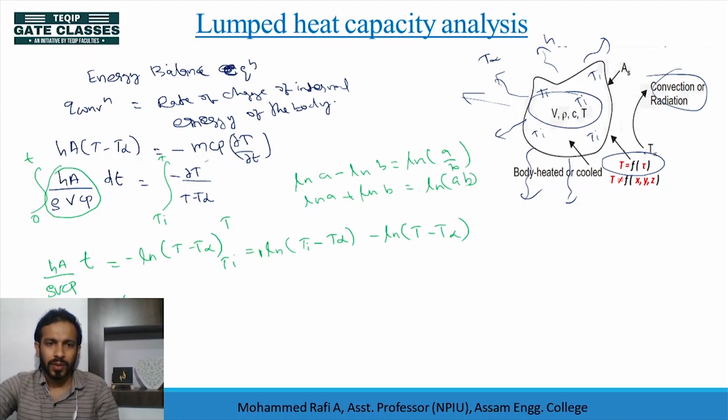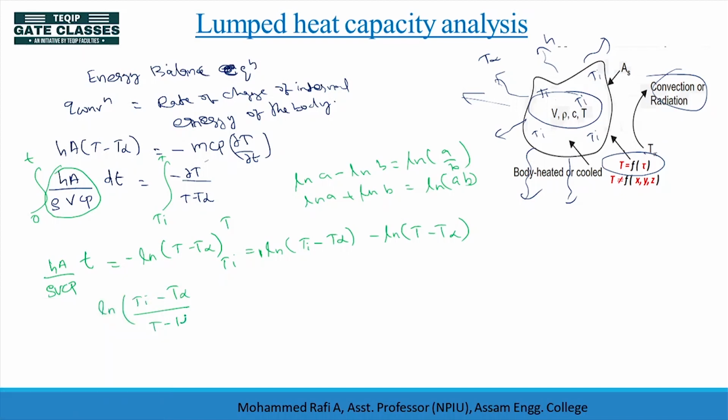the logarithm of (Ti minus T infinity) divided by (T minus T infinity) equal to hA by rho V Cp into t.